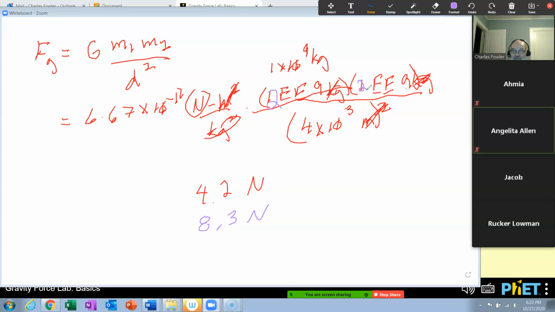6.67, you're going to know that number after a while, aren't you? EE 11 minus, I have to do it that way. If you have a different calculator, do it your way, times 2 EE9 times another 2 EE9 divided by, remember to open your parentheses, 4 EE3, close that parentheses, square it, and then hit your equal sign.